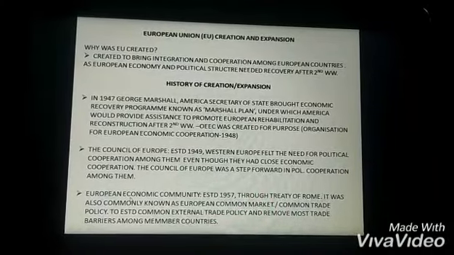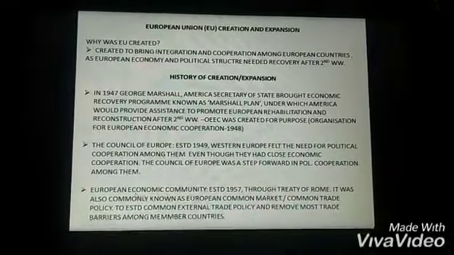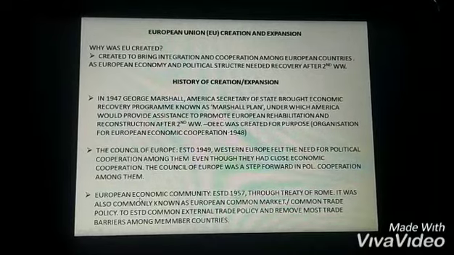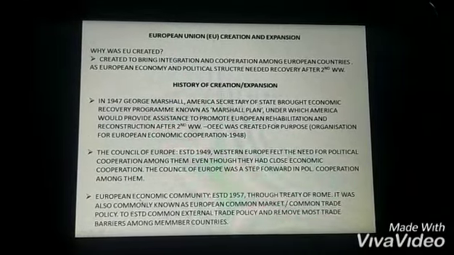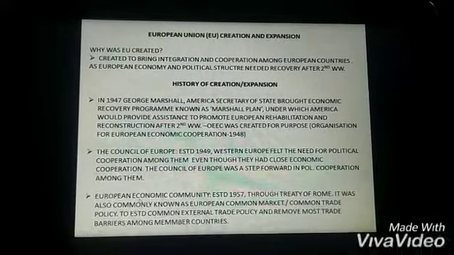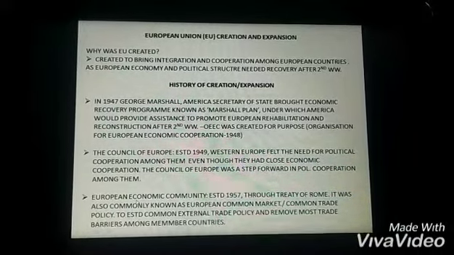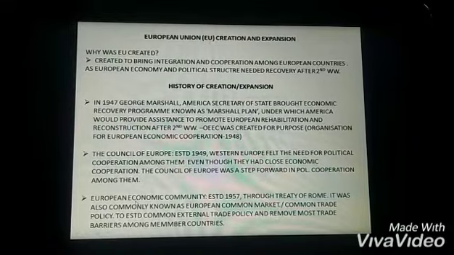And this European Economic Community of 1957 was created to establish a common external trade policy among the European countries and remove most trade barriers among the member countries.